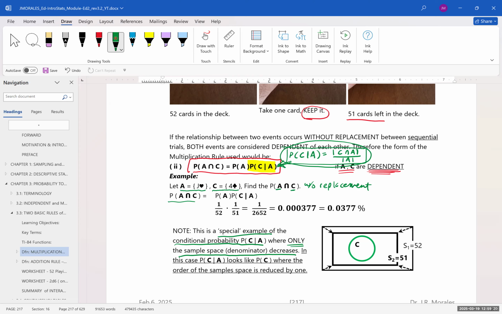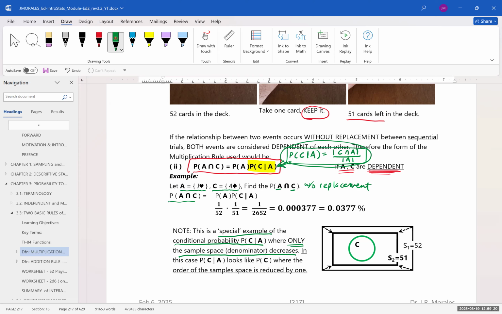So to calculate this probability, this would technically be the equation that we would use to calculate the probability of having both of these things occurring without replacement. But we can't think of this conditional probability being like that. Otherwise, it won't come out right. Instead, we've got to think about this in a different way.